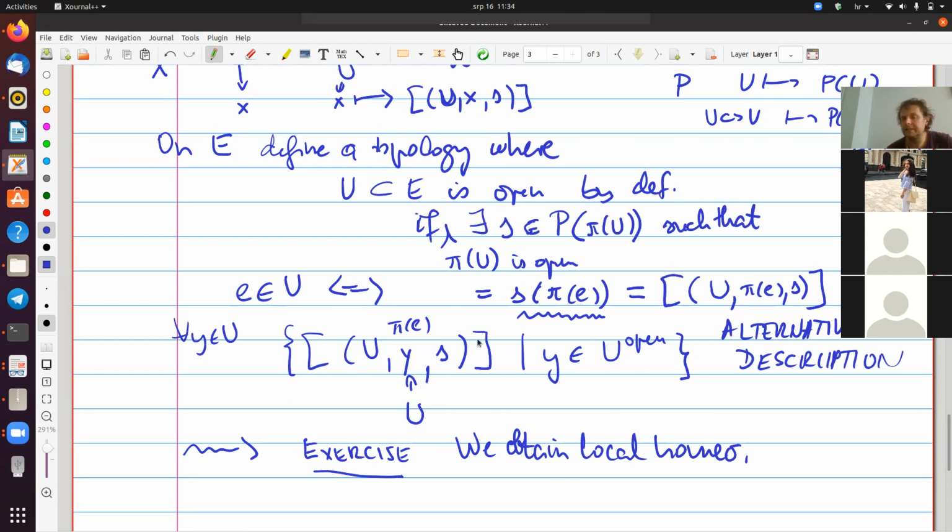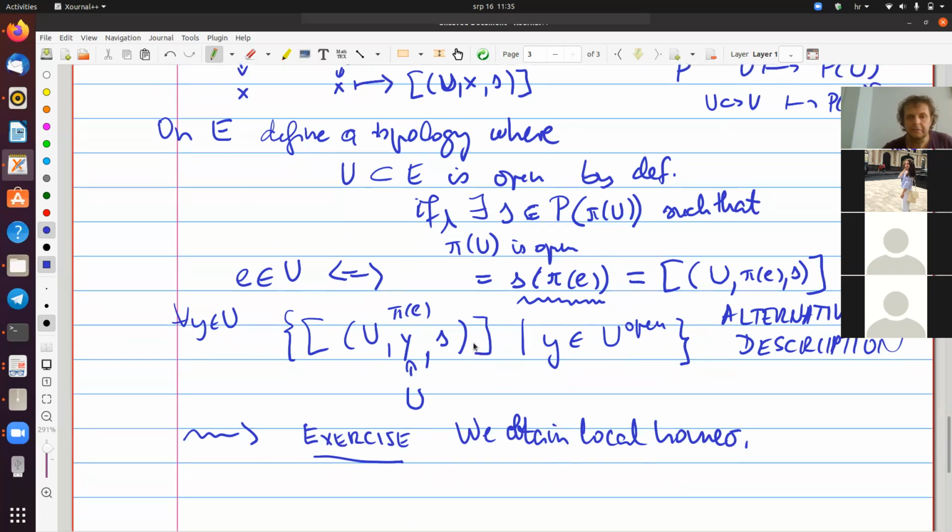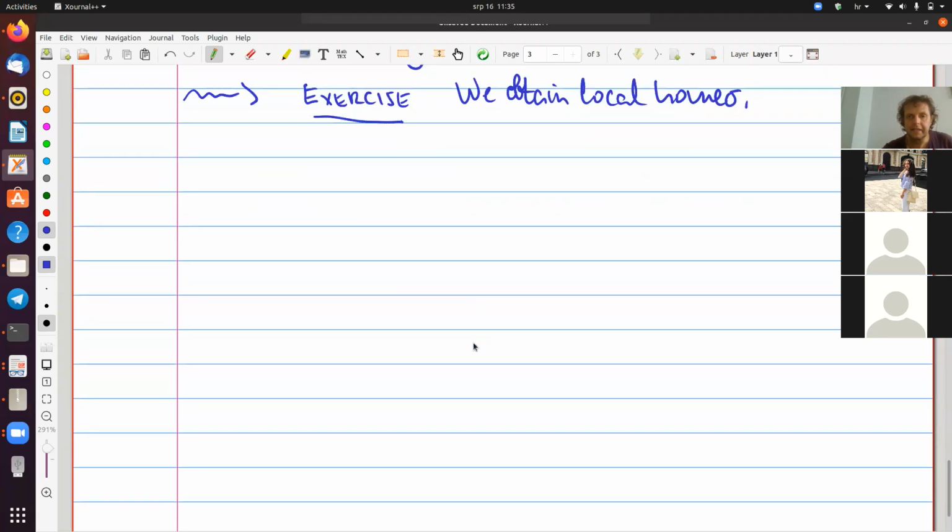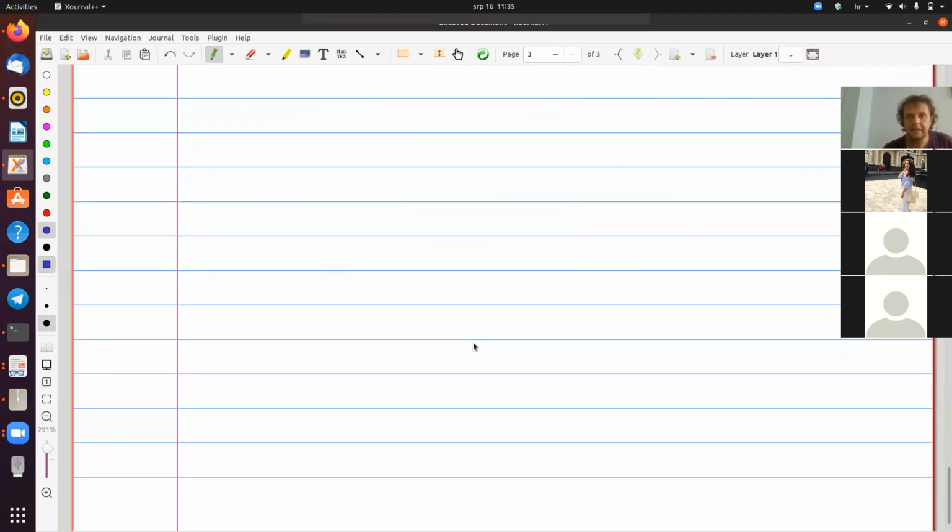You can very easily see that it's actually a homeomorphism, but you have to play a little bit. It takes 10-15 minutes to write it down. It's just the right exercise. Other way around, you see.